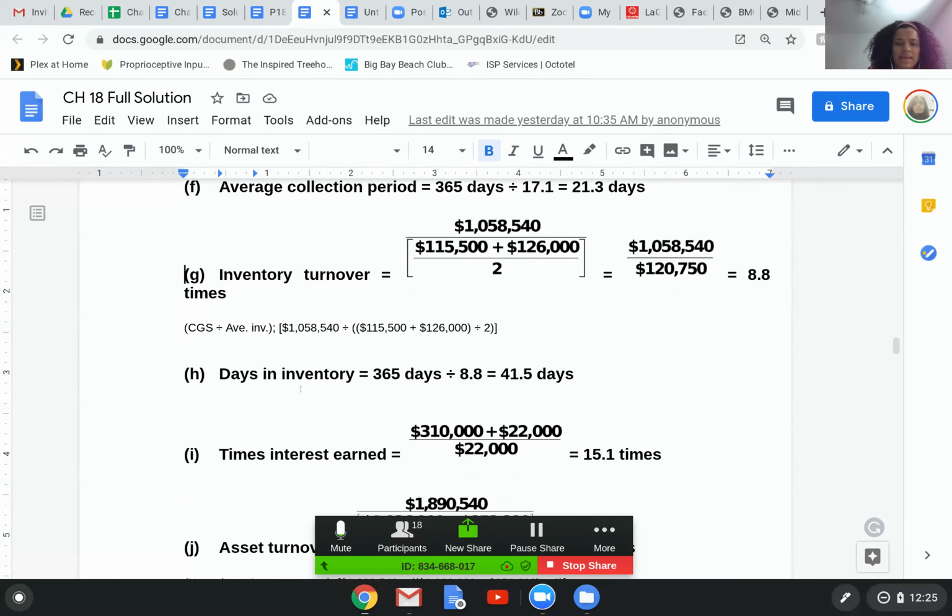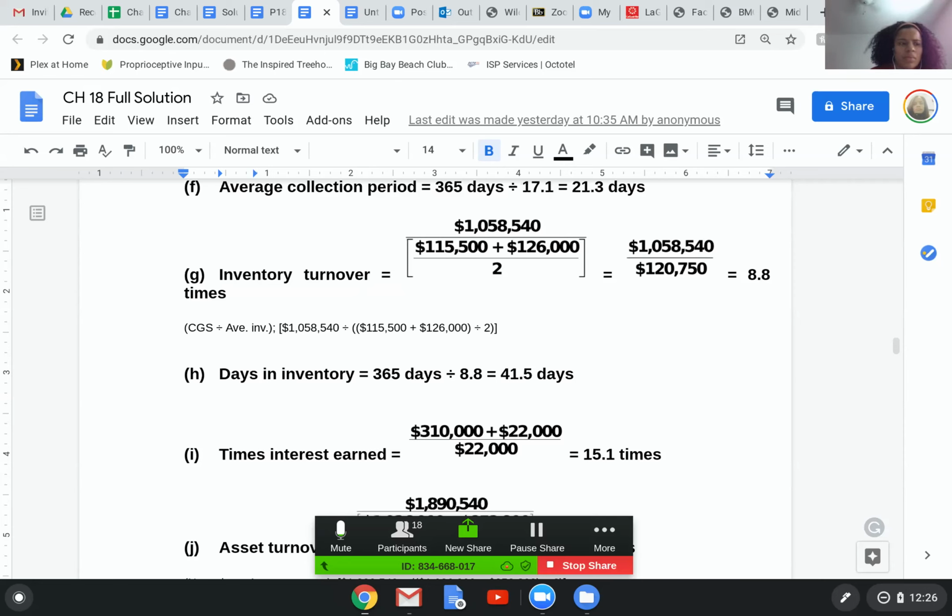And then to get to days in inventory, the formula is just 365 divided by the inventory turnover. So this tells us that a piece of inventory, whatever it may be, is on the shelf for approximately 41.5 days. And that's talking about the entire inventory, so if the inventory consists of different products, this is an average of all of those products.